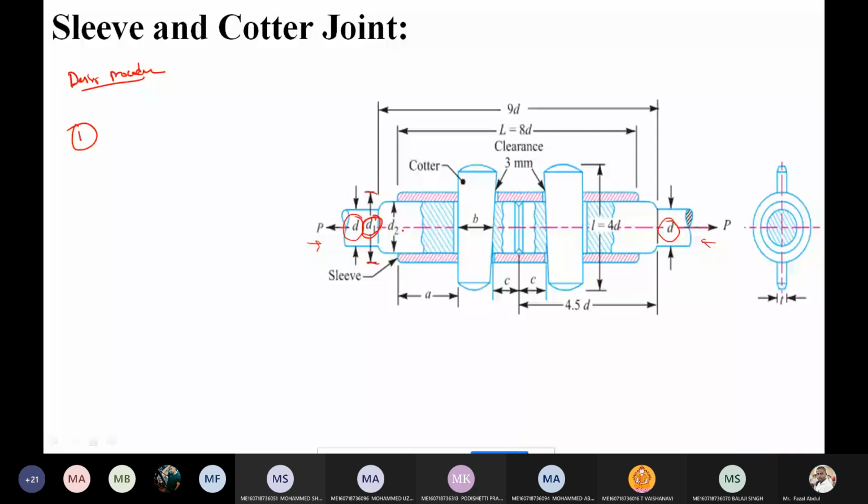See here, small d is the diameter of this rod. Now this rod is somewhat enlarged here. What is the diameter of this one? That is D2. D2 means the diameter of the enlarged rod. Okay, and capital L represents the length of the sleeve.